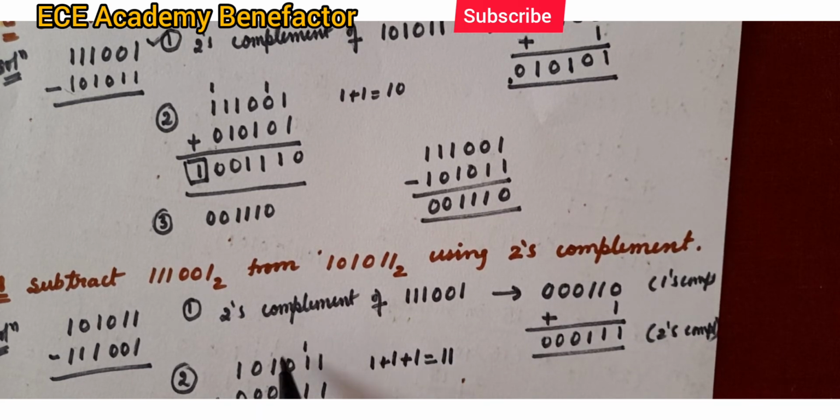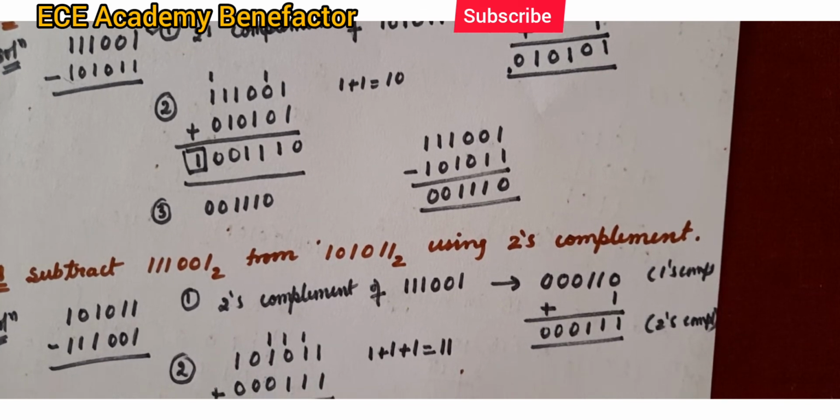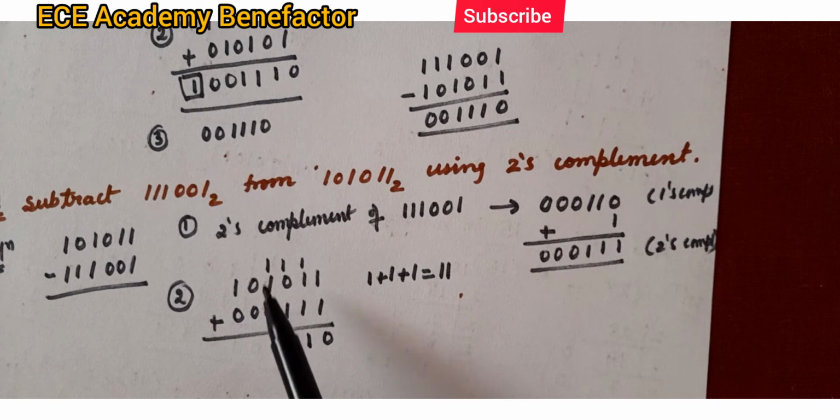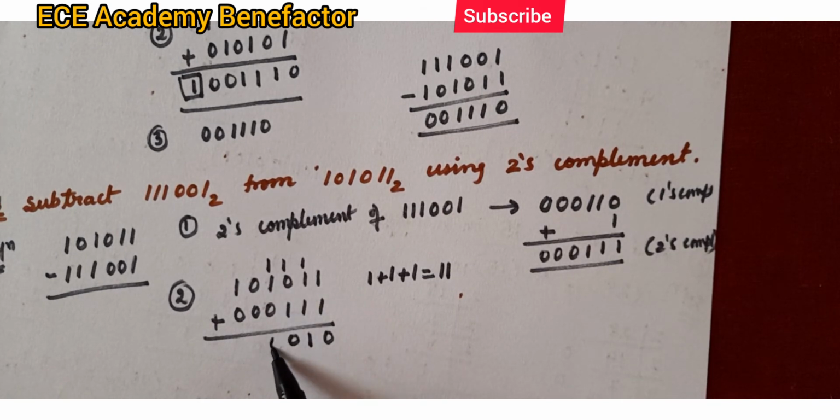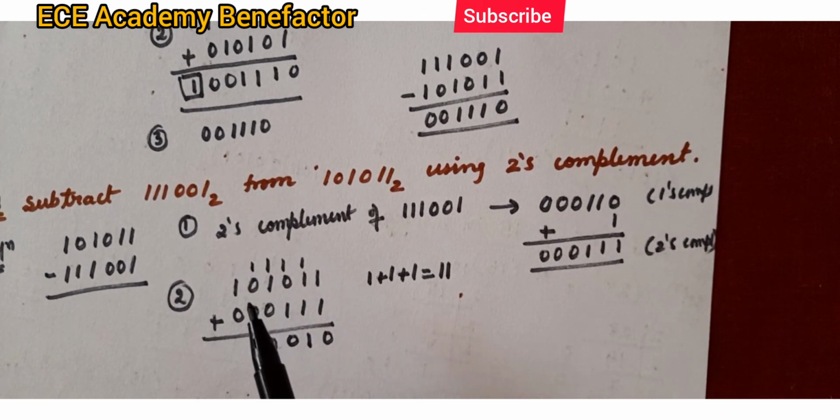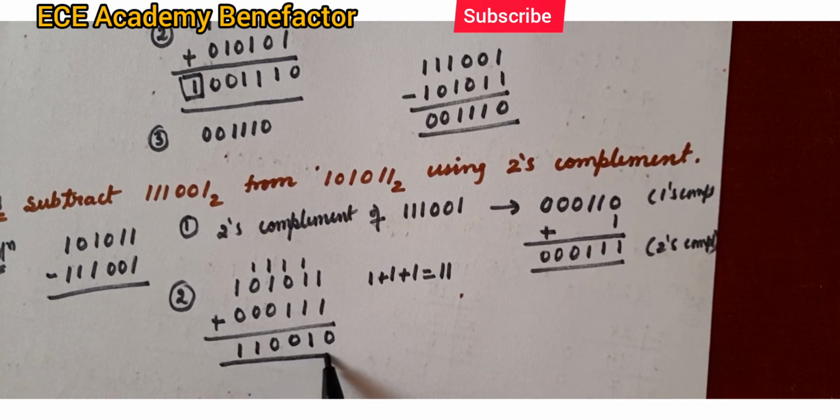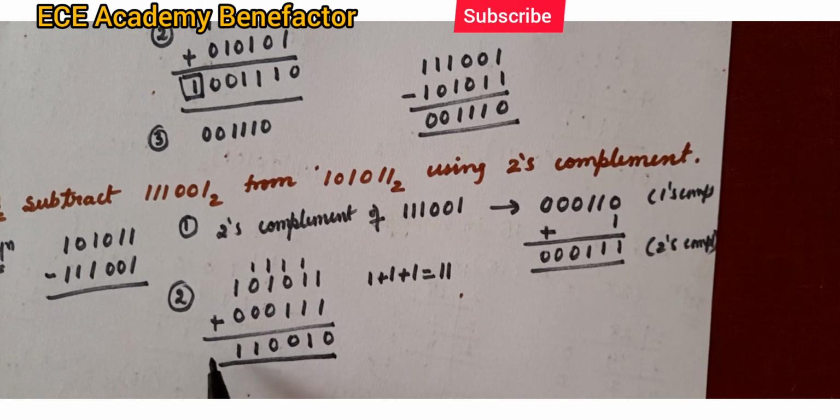So 1 sum, 1 carry, 1 plus 1 sum 0, carry 1, 1 plus 1 sum is 0, carry is 1. So here in this one we don't get any carry. There is no carry here.